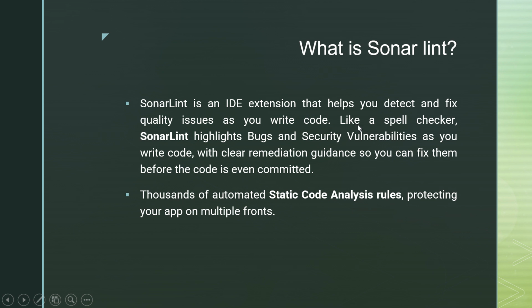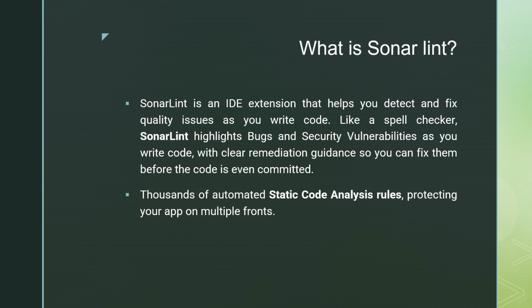How is SonarLint doing all these things, guys? SonarLint has thousands of static code analysis rules embedded into a single plugin. As SonarLint is a plugin, in this plugin there are thousands of static code analysis rules, and as soon as you write your code, it is analyzed against those rules.